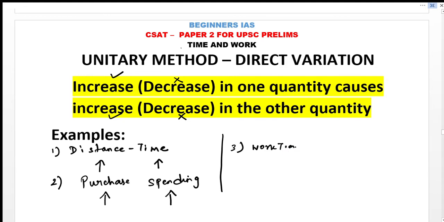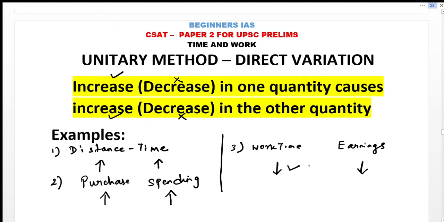Work time and earnings. So here this concept is also important. See, if the number of hours of working is less, automatically the pay earned will also be less. So similarly here, what do you mean by direct variation?